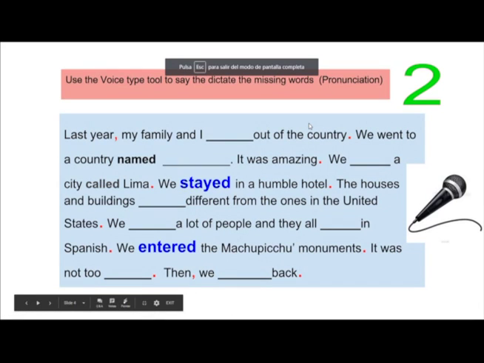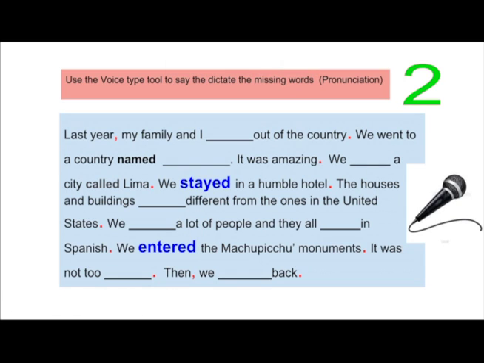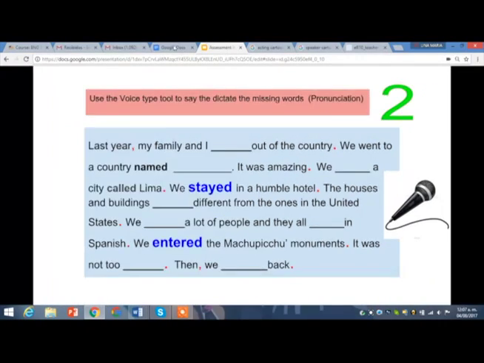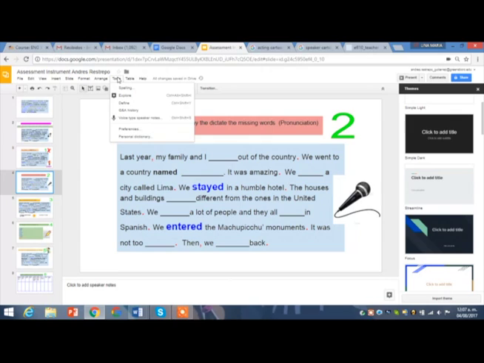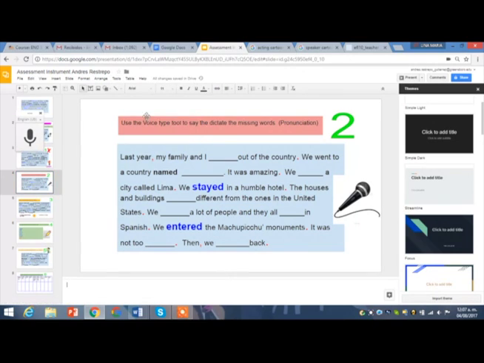The second way that I'm giving them here is pronunciation, and I think this is one of my favorites, as they can just use the voice typing tool. They can use this in a Google Doc or in a Google Slide, whatever. They just have to click here, press this microphone, and they will be speaking, and the text is going to be automatically written here.